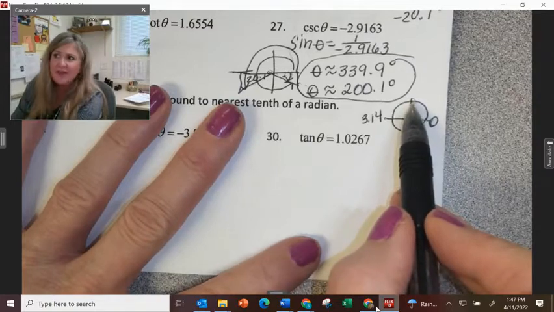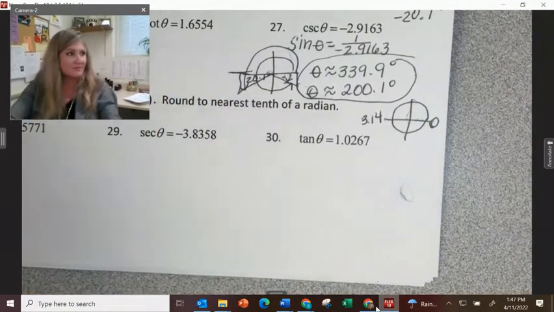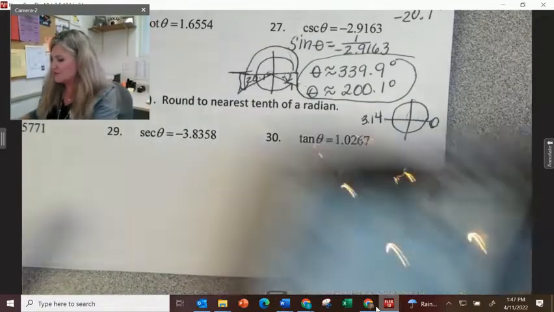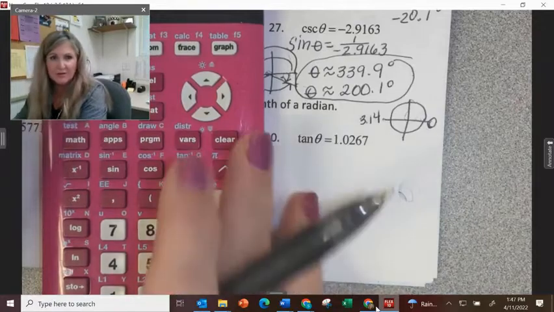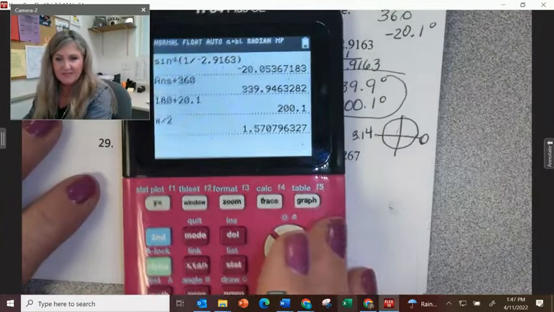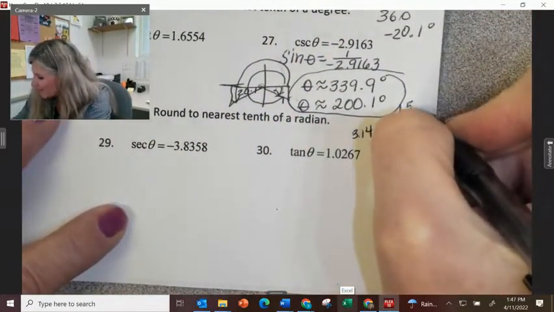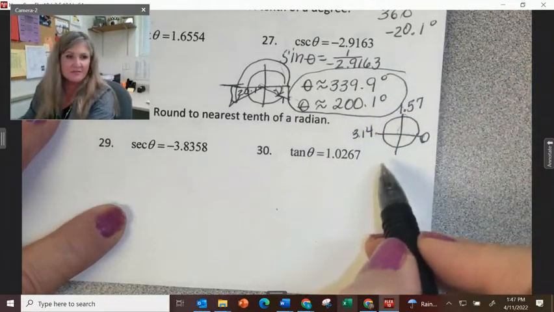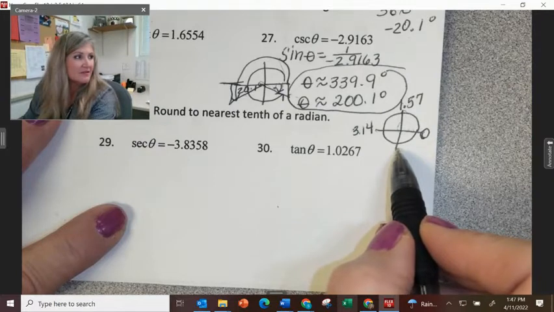How would you figure out what that is in radians? Right, I'd have to do pi divided by 2. That is pi over 2, and pi divided by 2 is 1.57. So right here is 1.57 radians.